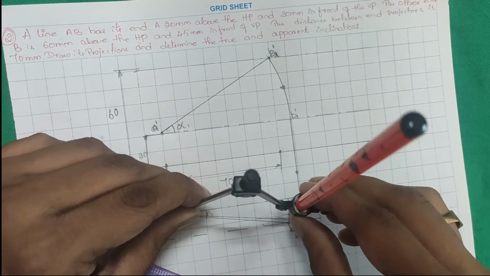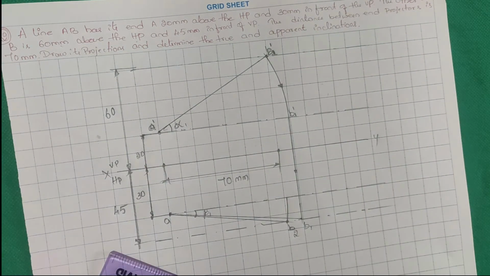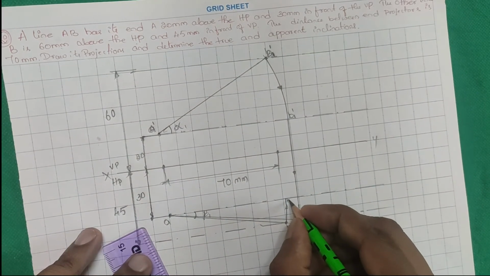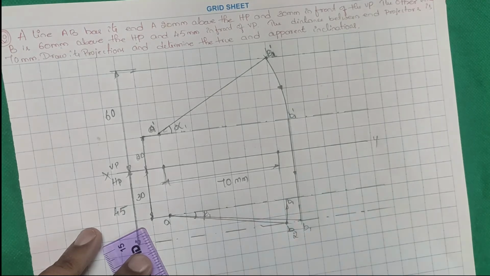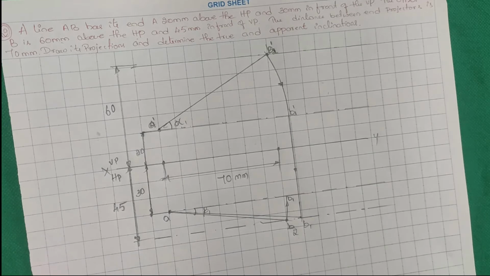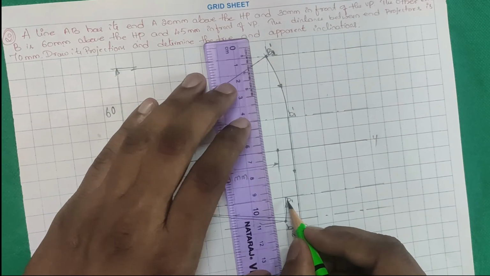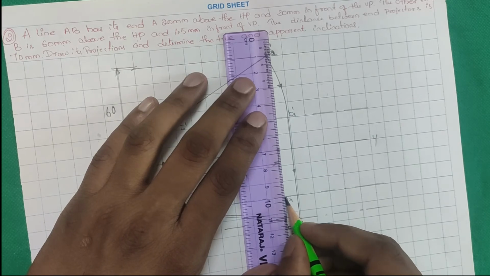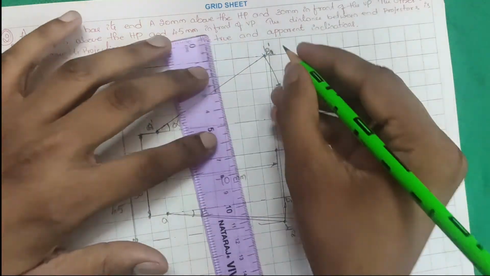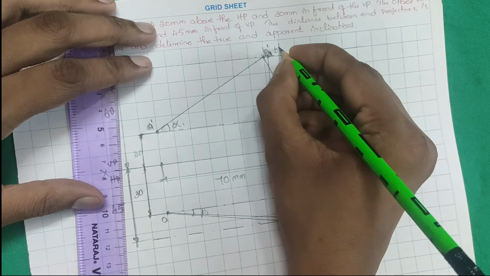This is B1. From B1 you have to draw a straight line up to the locus line. This point is B dash.